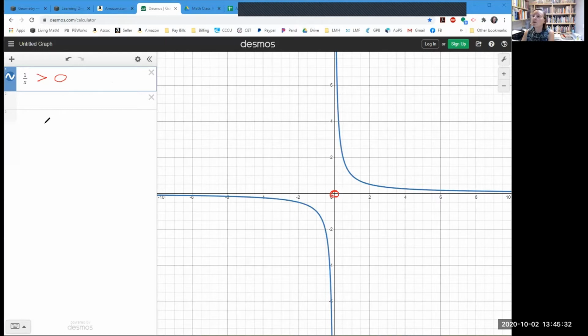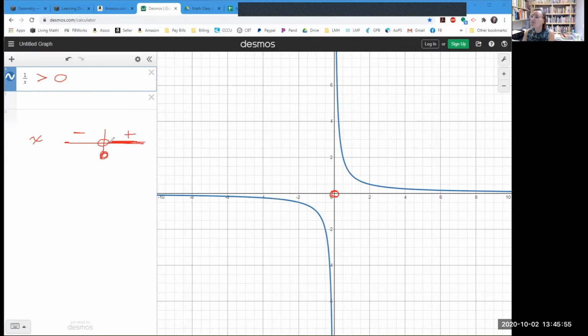And if you notice, the way we did that is you'd look at this sign chart, right? If I think about 0 as a critical value here, this is 0, and I'm going to bubble that. Then everything over here is negative and everything over here is positive, and here's my solution set right here.